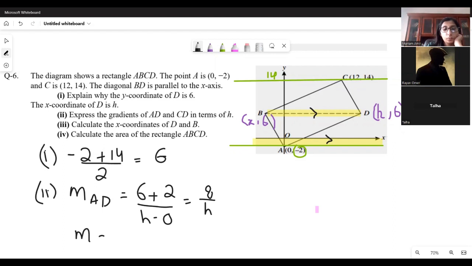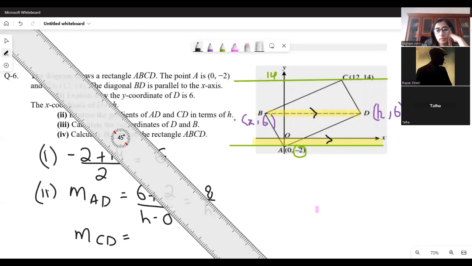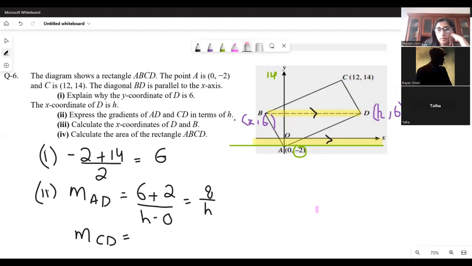And what is going to be the slope of CD in terms of h? Miss, ek second. Miss, aapne kya kaha, CD ka gradient? Miss, ye 6 minus 14 divided by h minus 12.